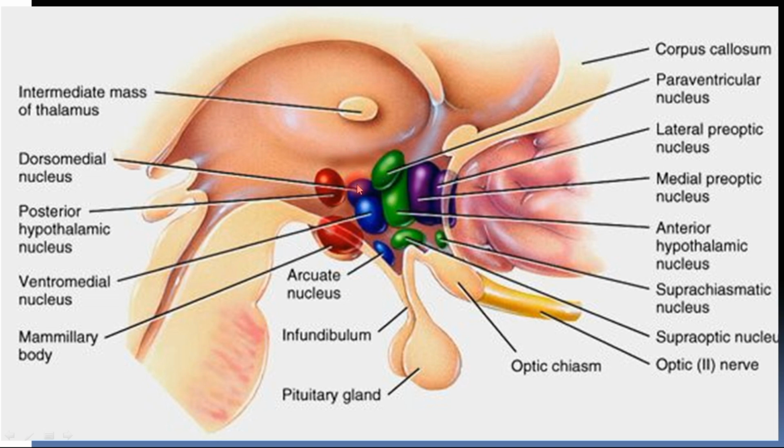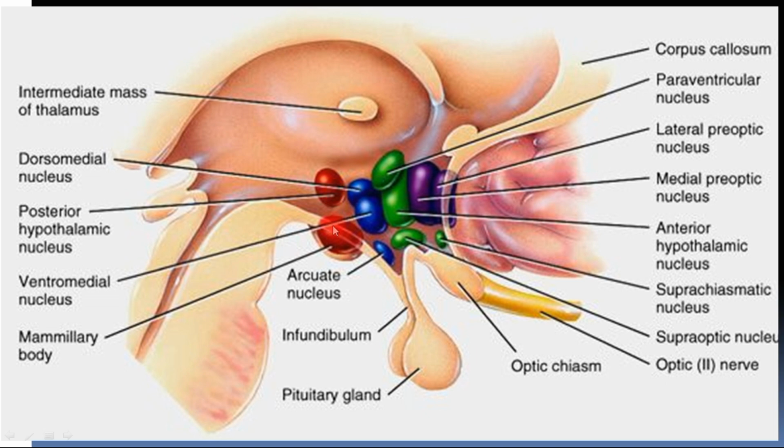Beside that, posterior to that is tuberal region. So there is arcuate nucleus in the tuberal region, there is ventromedial nucleus, and there is dorsomedial nucleus. Then coming to the last and the posterior aspect of the hypothalamus, that is the mammillary region.